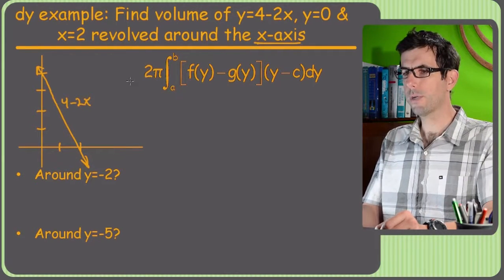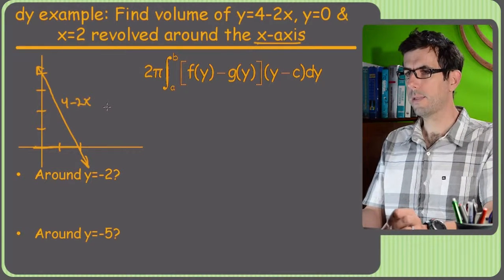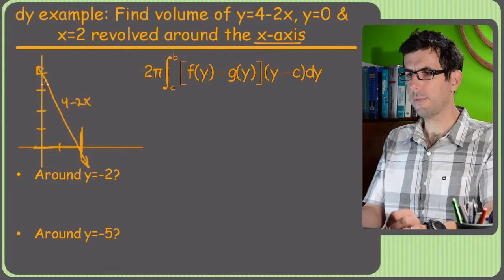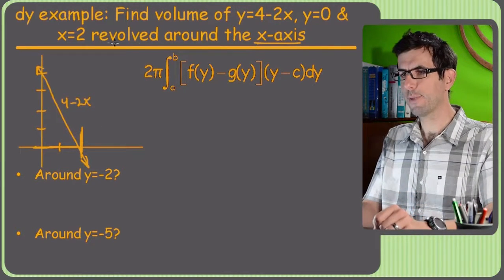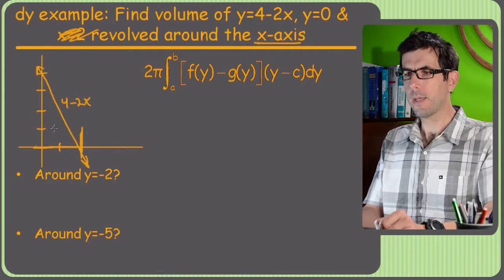And then we got y equals 0, which is this right here. And then we got x equals 2. That doesn't make any sense. Let's just do this region right here. I don't know why I put in the x equals 2. That doesn't make a ton of sense. So we'll do this region right here, the whole thing.